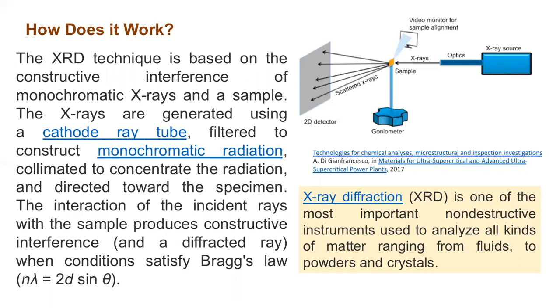With that pattern, we can identify all kinds of matter ranging from fluids to powders and crystals, and understand how the molecules are arranged within the crystal. And X-ray diffraction analysis is considered to be one of the most important non-destructive instruments which help us analyze the 3D structure of molecules.